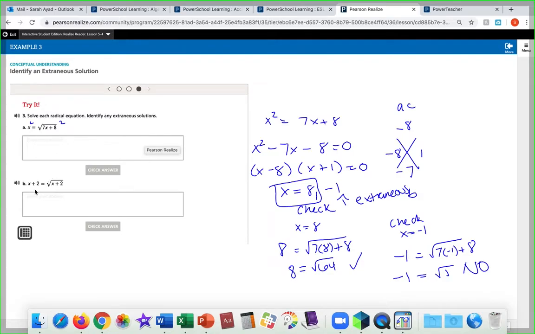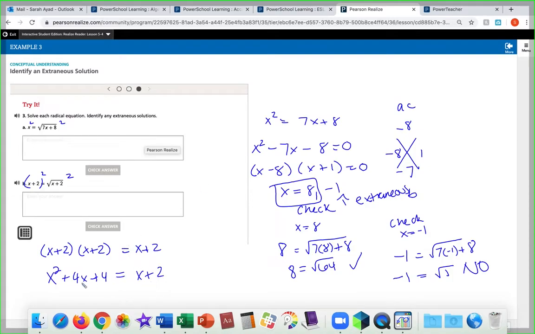Okay, looking at our next problem, I'm going to square both sides since the radical is already isolated. Now, on the left, anytime I have a quantity squared, I'm going to write it out twice, and I'm going to FOIL. So x plus 2 times x plus 2 is going to give me x squared plus 4x plus 4 when I combine like terms, equals x plus 2.